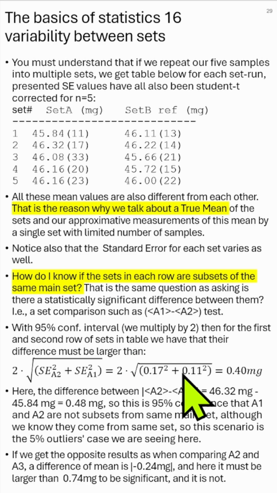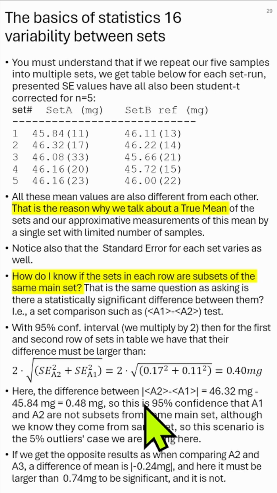0.17 squared plus 0.11 squared, and the square root of that times 2 becomes 0.40 milligram. And the difference, 46.32 milligram minus 45.84 milligram, becomes 0.48 milligram.